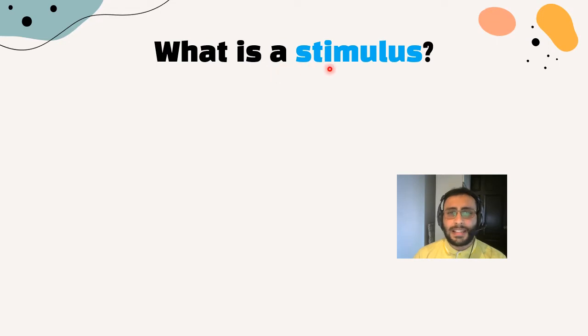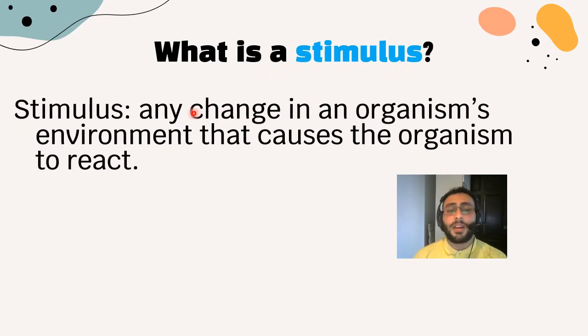What is a stimulus? A stimulus is any change in an organism's environment that causes the organism to react. Let me explain to you. Any change in an organism's environment. Organism means a living thing.